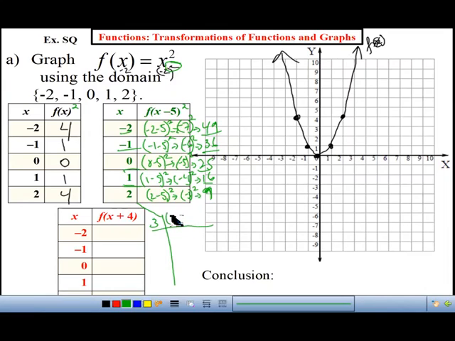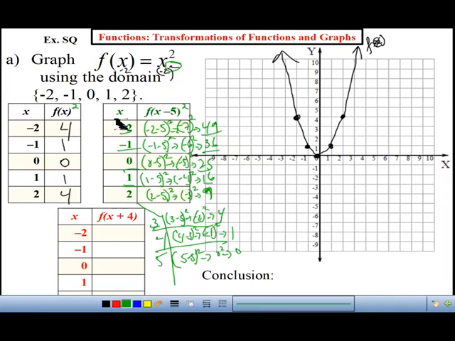3 minus 5 squared, which is negative 2 squared, which is 4. I can graph 3, 4. Let me do another one, 4. 4 minus 5 squared, which is negative 1 squared, which is 1. I'll do one more, 5. 5 minus 5 squared, which is 0 squared, which is 0.